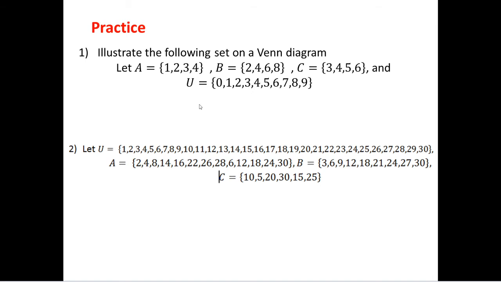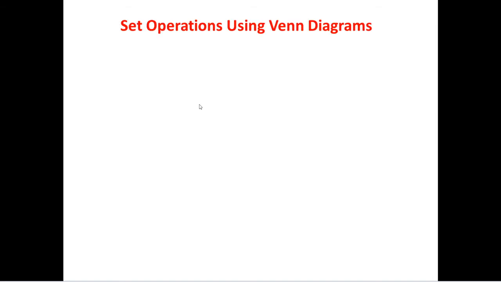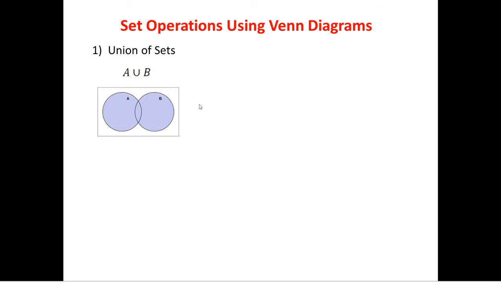Now, let me continue with set operations using Venn diagrams. As we have studied, set operations are the union of sets, the intersection of sets, the difference of sets, and the complement of a set. So how do we illustrate the union of sets using Venn diagrams? Or how do we illustrate A union B?